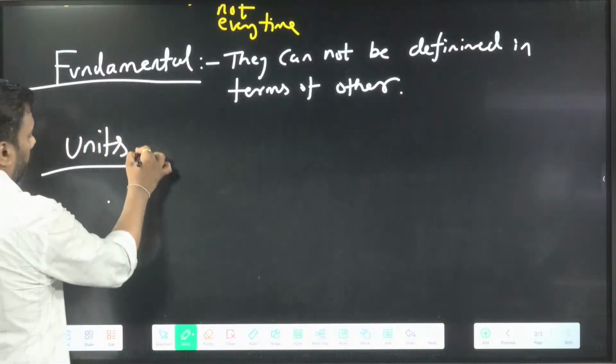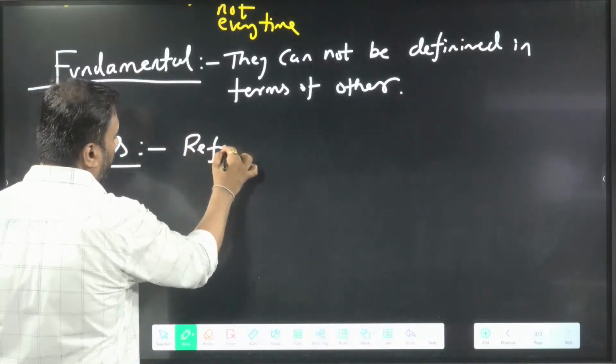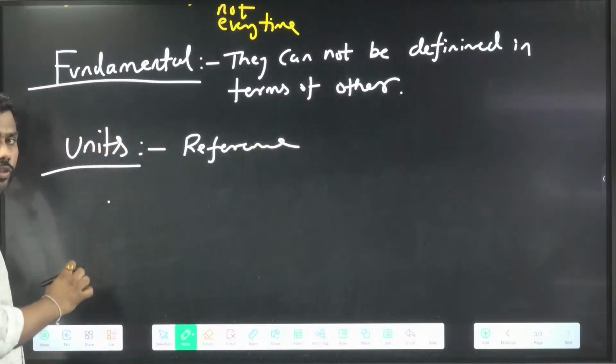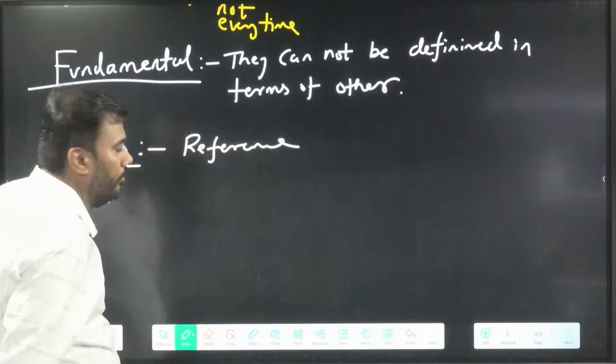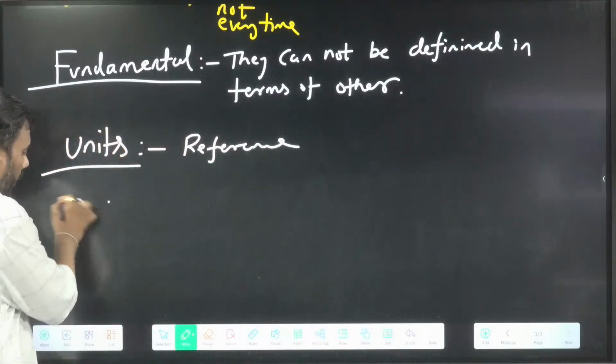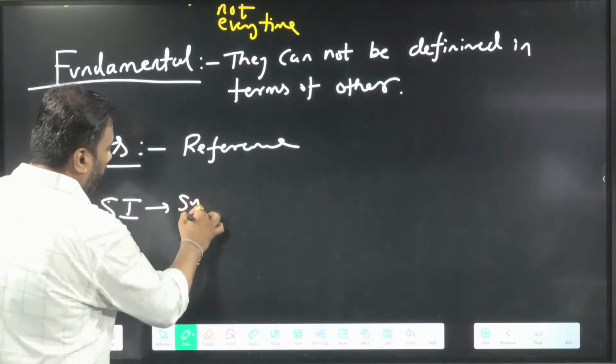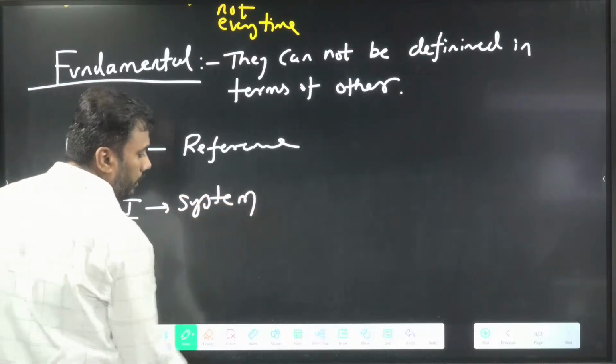So units are references in terms of which we can measure. How many types of units are available? There are many. One system of units is the SI system.